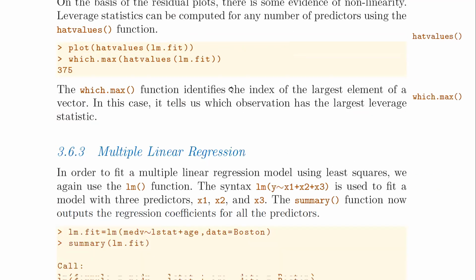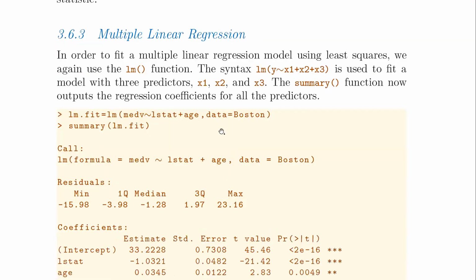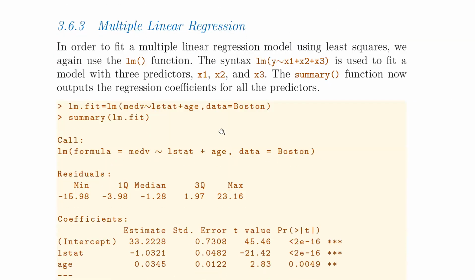And let's have a look at multiple linear regression. In order to fit a multiple linear regression model using least squares, we again use the lm function. The syntax lm(y ~ x1 + x2 + x3) is used to fit a model with 3 predictors.